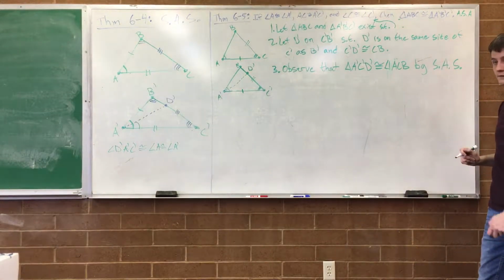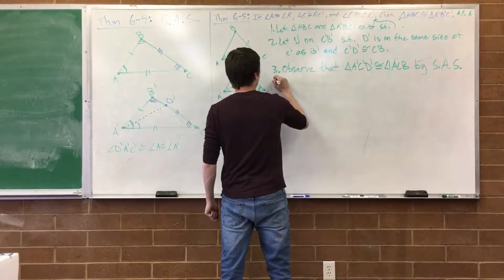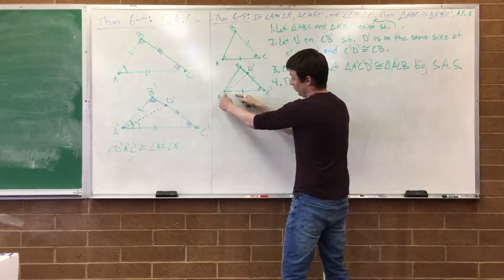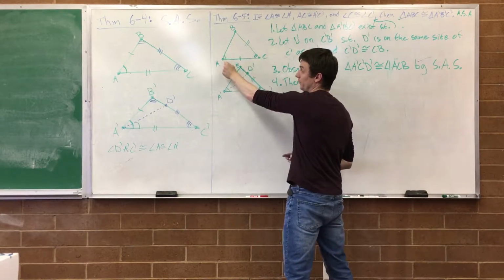Good? Okay. Step 4: Then this angle, this bottom left-hand angle of this triangle, has to be congruent to the bottom left-hand angle of this triangle.